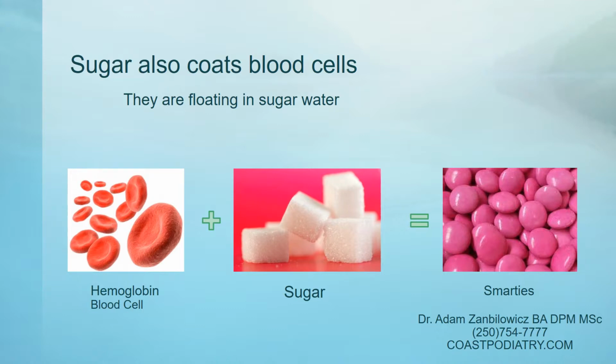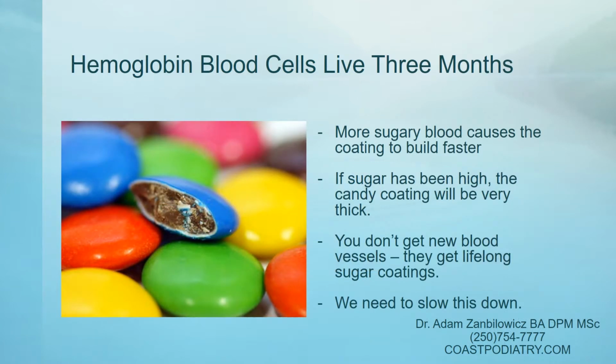Now, the higher your sugar, the faster those blood cells are turning into Smarties, and the thicker and thicker the coating is getting. Now, one of the interesting things is that we get a brand new set of blood cells every 3 months. And what that means is that we can actually measure what your average sugar has been over the past 3 months if we measure how thick that sugar coating is.